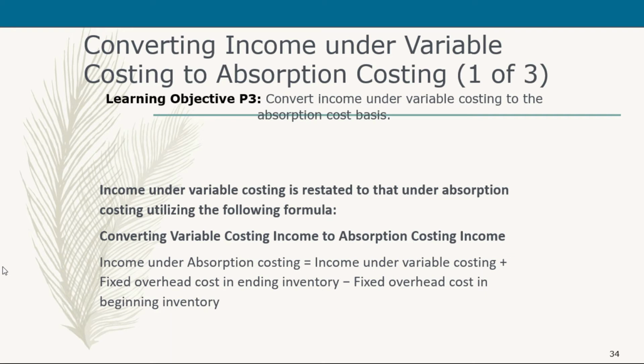If the problem is asking for the income under absorption costing, and the only information contained in the problem is income under variable costing, how do we now convert the amount going to absorption costing? We only add your fixed overhead cost in ending inventory, and we deduct your fixed overhead cost in the beginning inventory in order for us to get the income under absorption costing. Okay?